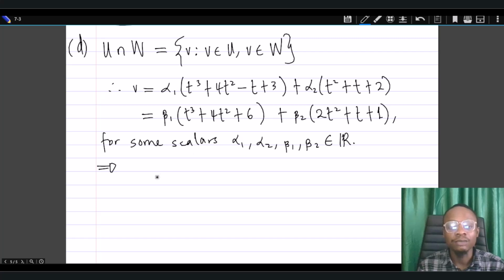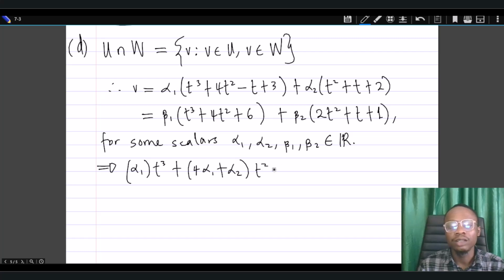Okay, so for us to proceed with that, from this, we simplify this. The coefficient of t cubed here is alpha 1, then plus alpha, there is no t cubed here, so that's just alpha 1 multiplying t cubed. Plus the coefficient of t squared on the left hand side, that is 4 alpha 1 plus alpha 2, multiplying t squared.